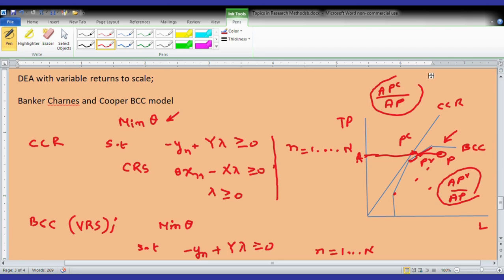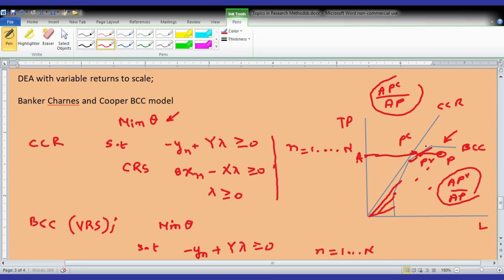So this is one thing that you need to keep in mind while comparing the BCC and CCR models, that in the BCC model we are allowing for variable returns to scale. See that in this range you have increasing returns to scale, and in this range you have decreasing returns to scale.